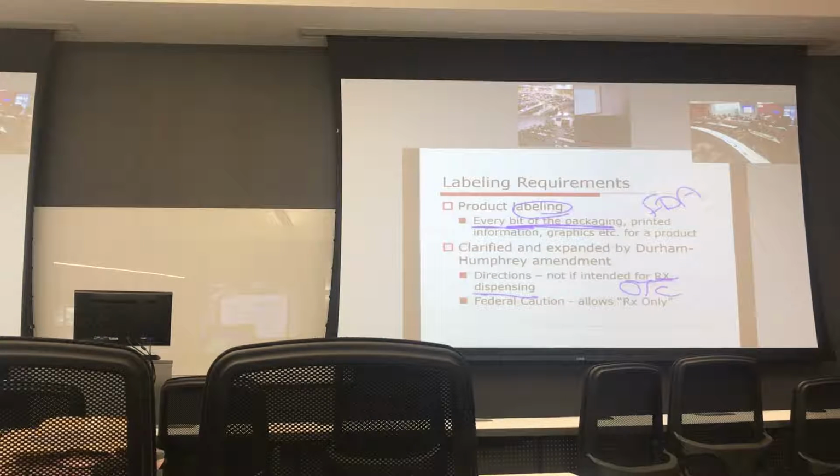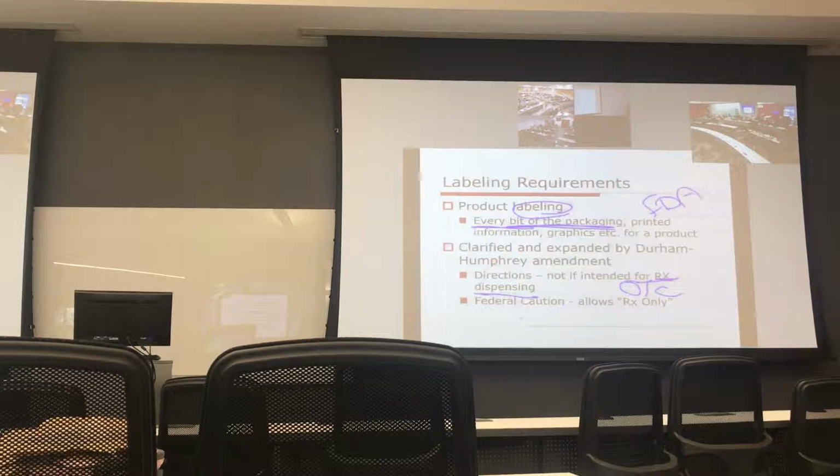And those could be acquired over the counter as long as they had proper labeling, which included adequate directions for use. Before that, it was a little shady as far as what required a prescription and what didn't. And again, people being prone to do the wrong thing might dispense prescriptions that they shouldn't be doing. So this would really firm that up back in the Durham-Humphrey Amendment.